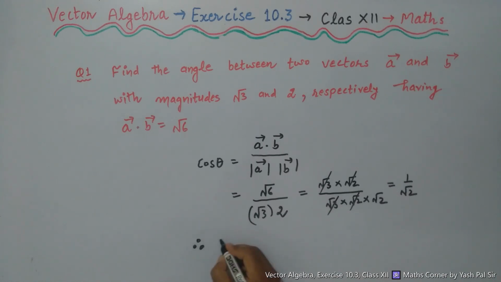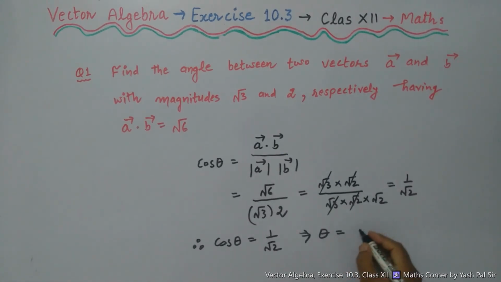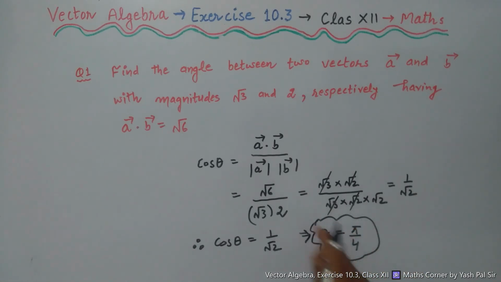So cos theta is equal to 1 upon square root of 2. From this we conclude that theta is 45 degree. In radian, 45 degree is equal to pi upon 4. So this is the required value of the angle between the two vectors A and B.